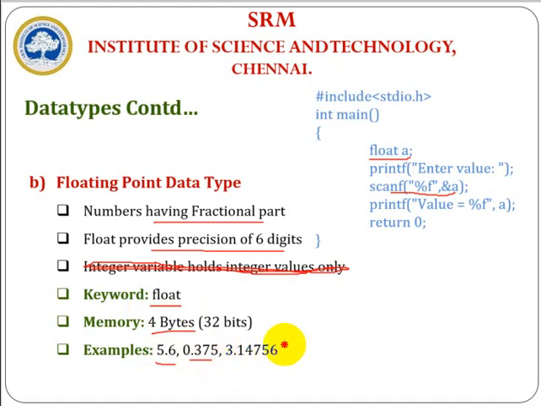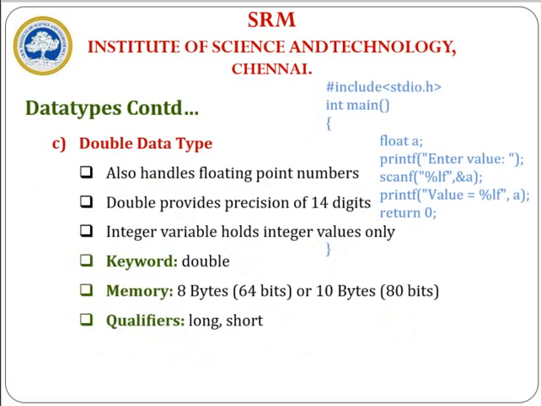But whenever I go beyond 6 digits after the decimal, the float variable can hold only 3.14756. It will not hold 12, because the precision can handle only 6 digits after the decimal. In that case, we need to move on to the double data type.